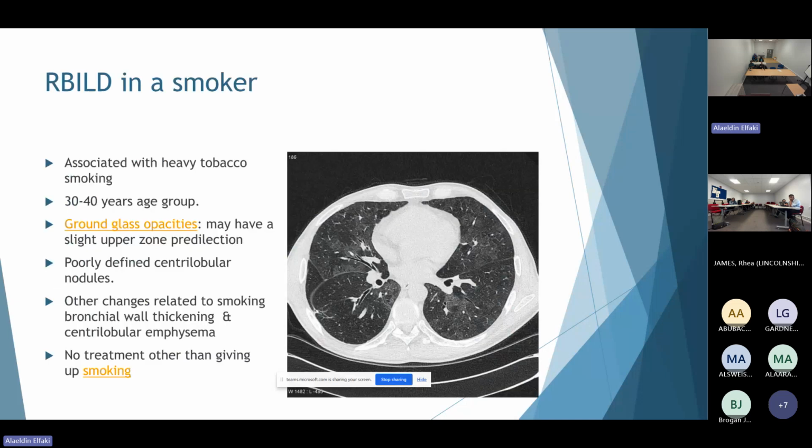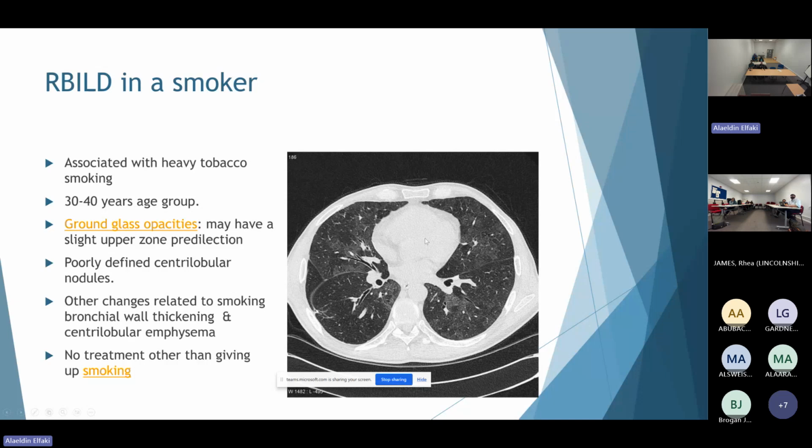What about RBILD, which is respiratory bronchiolitis interstitial lung disease, and it is a disease of a smoker. So it also affects the young group of people, 30 to 40 years of age, and predominantly causes ground glass changes, and it is upper lobe predominant. So it is not lower lobe in this one.